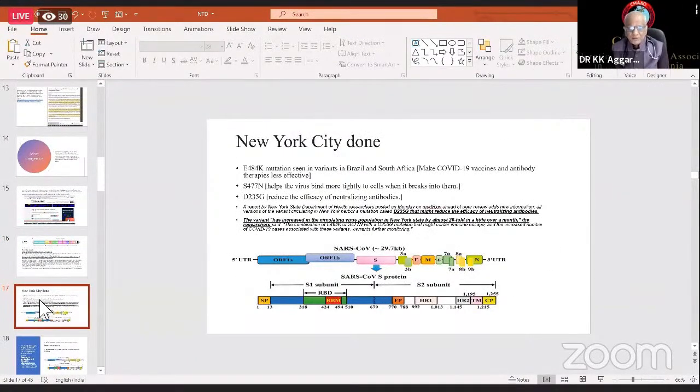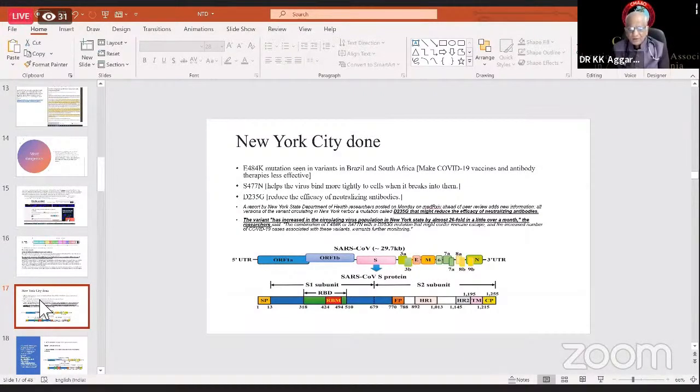In New York City, they are now coming forward with an amino acid change called D235G, which is again in NTD. So this New York City change may be even bigger than the UK change because of this N-terminal mutation.